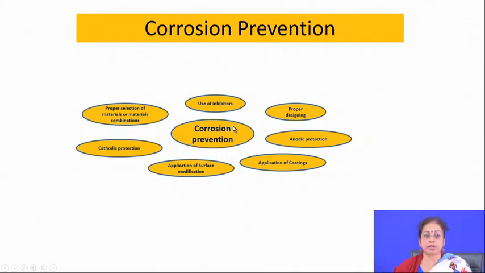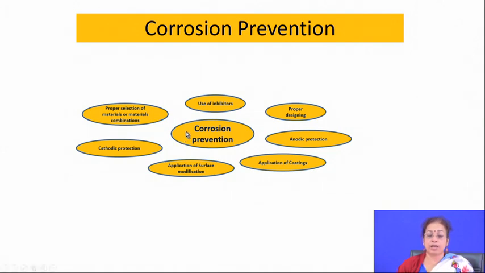Most of the ways are applicable for combating aqueous corrosion, and some of the techniques are applicable for combating liquid metal corrosion. Some of the techniques are for high temperature oxidation.